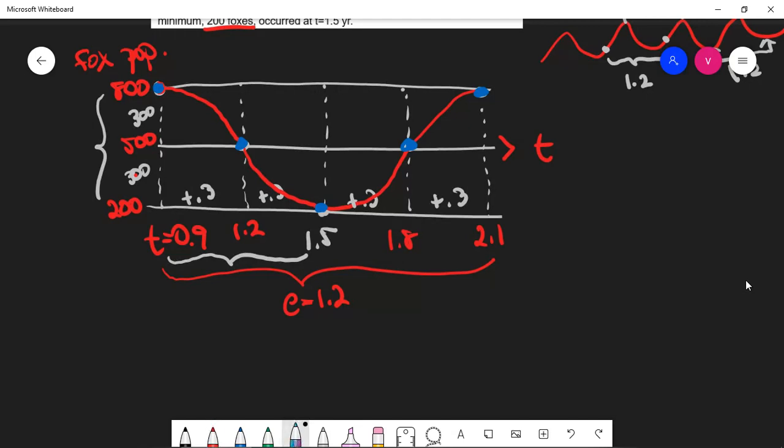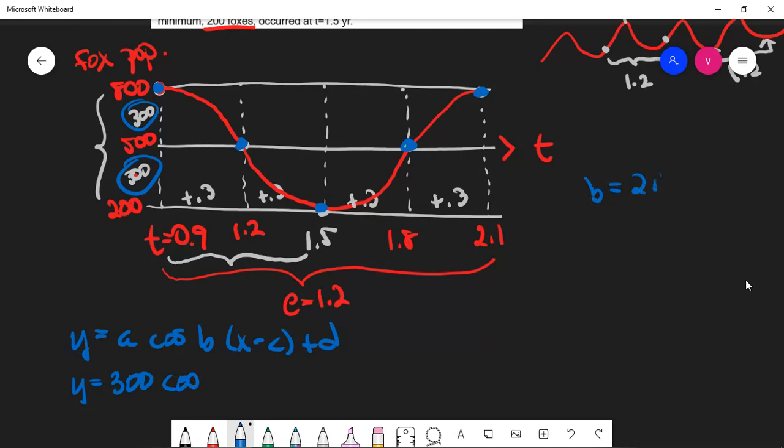This is a cosine wave. So we will have the standard cosine model. Okay, so A is the amplitude, which is this or this, either one, 300. Cosine B, again, is determined from the period, 2 pi over the period, which you now know.